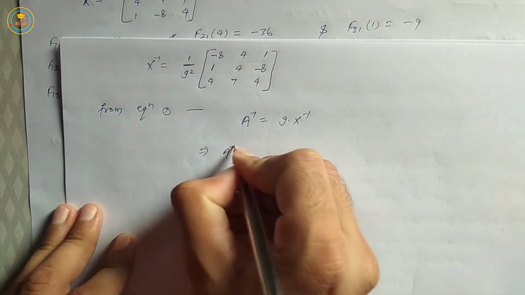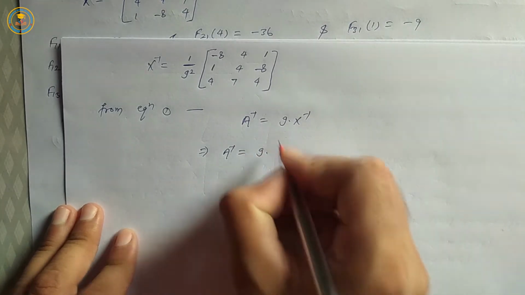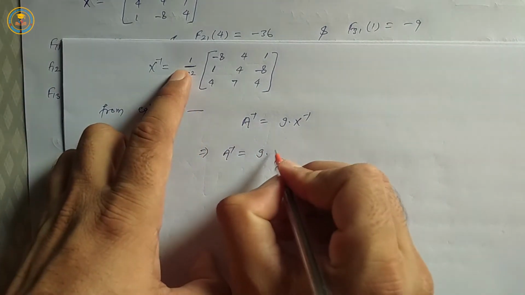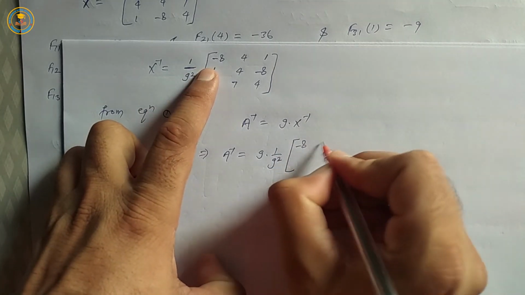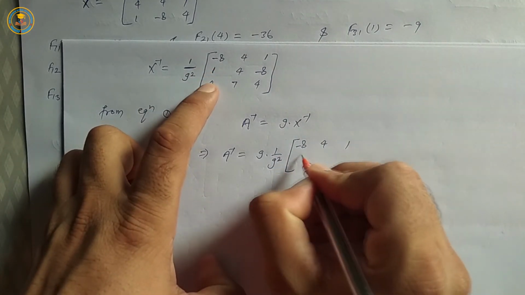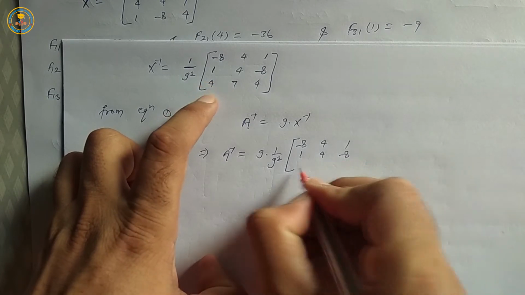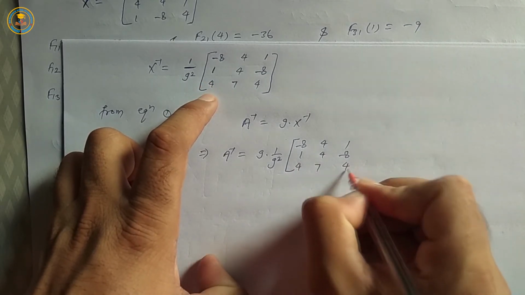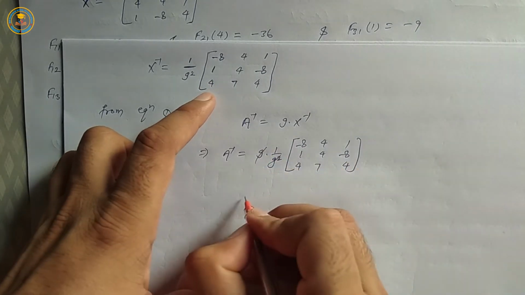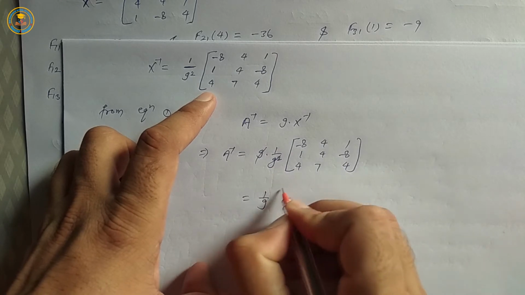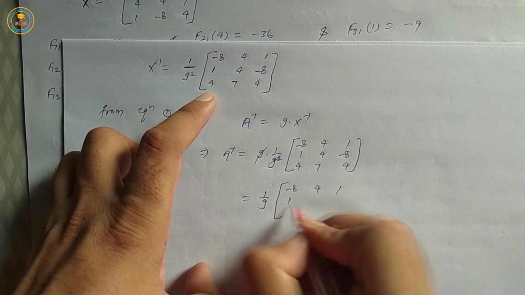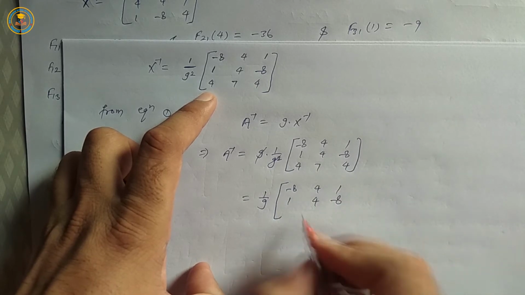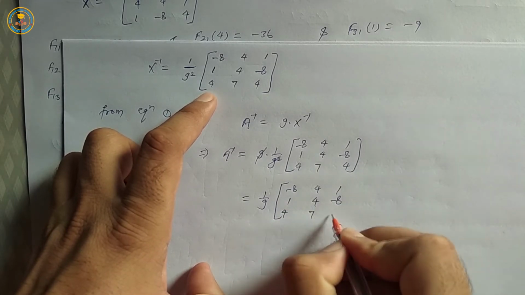Implies A inverse is equal to 9 into x inverse, 1 upon 9 power 2 into minus 4 1, 1 4 minus 4 7 4, 9 9 cancel, is equal to 1 upon 9 into minus 4 1, 1 4 minus 4 7 4.